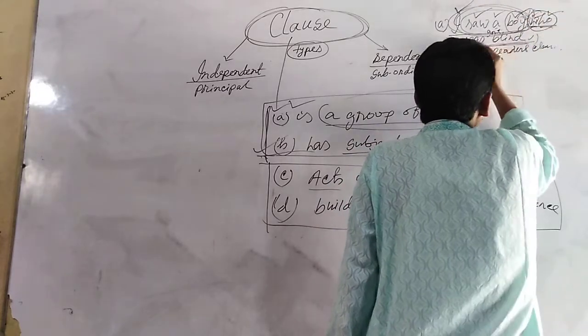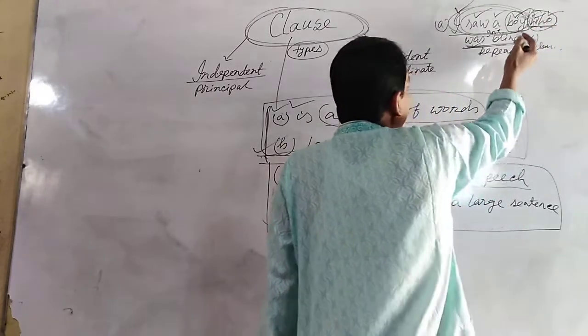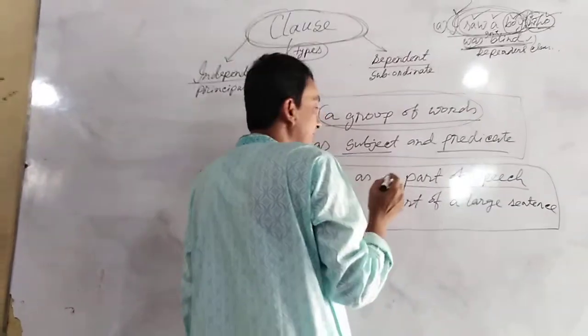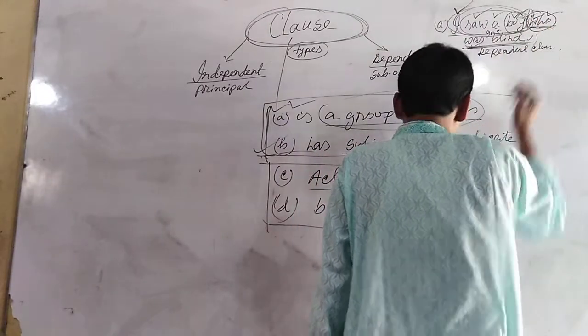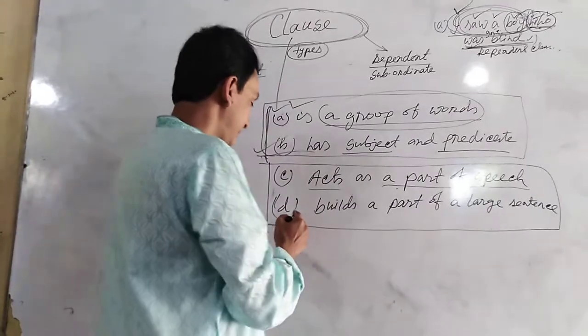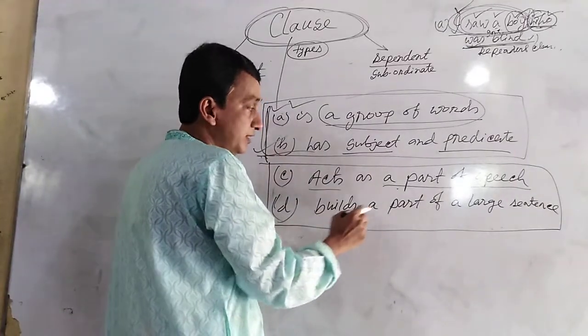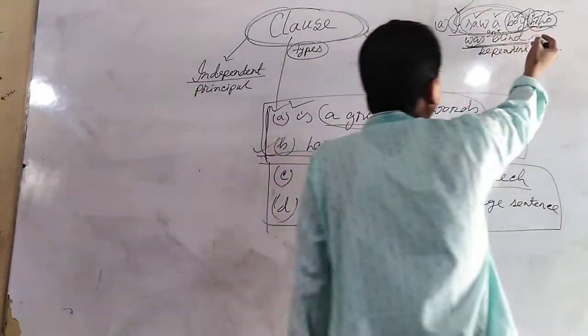Being a clause, it is functioning like an adjective of the noun boy. So it functions or acts as a part of speech. And last characteristic, builds a part of a larger sentence. This is a large sentence, a complex sentence.